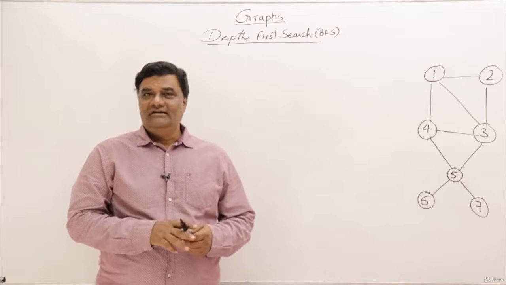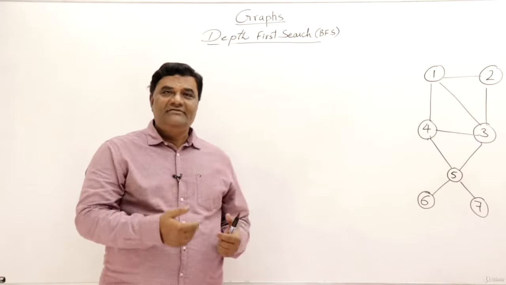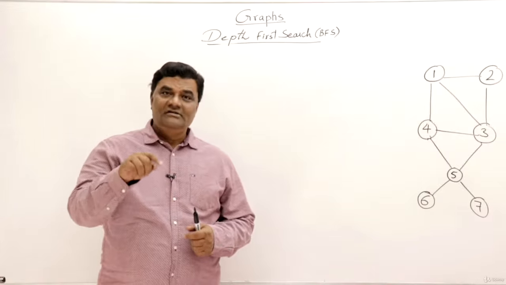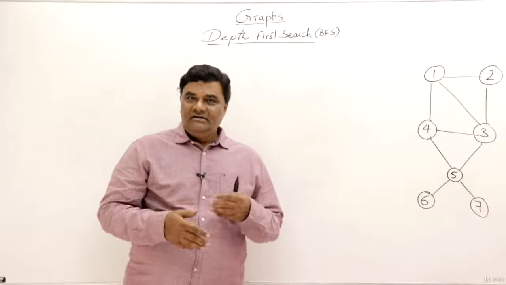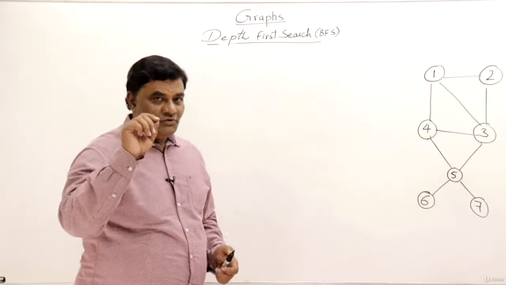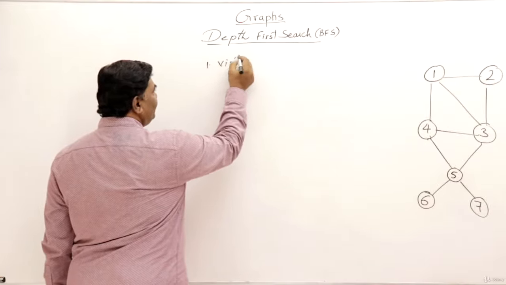Now in this video, we'll look at depth first search. This is one of the graph traversal methods. This is similar to pre-order traversal of binary trees or trees. Let us understand how it works. For understanding, we should know two terms. First is visited.